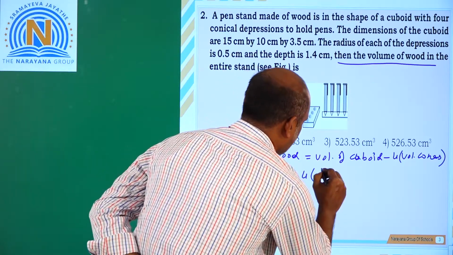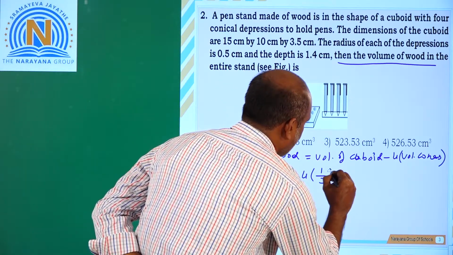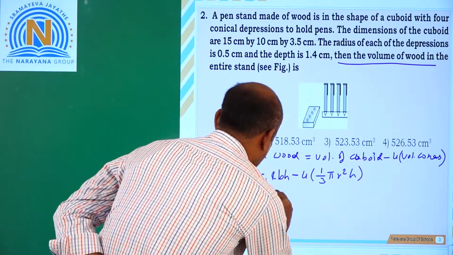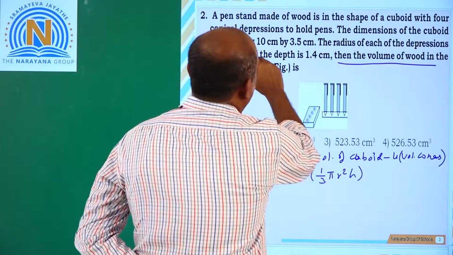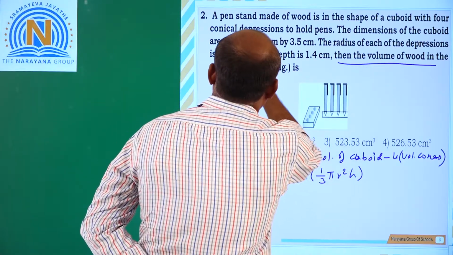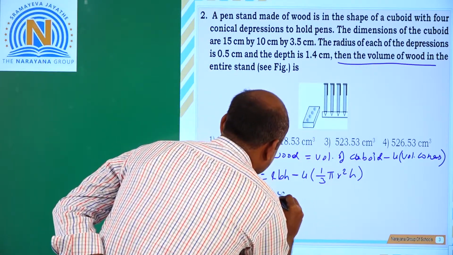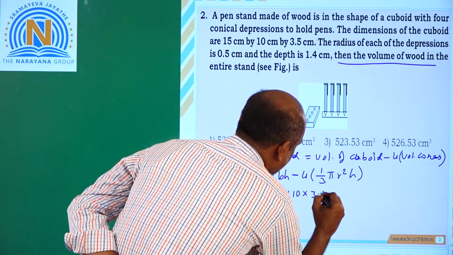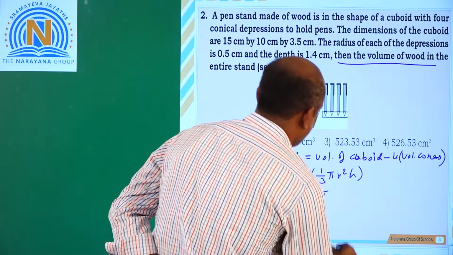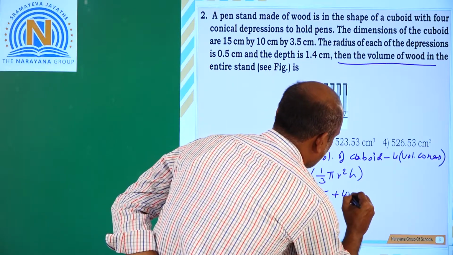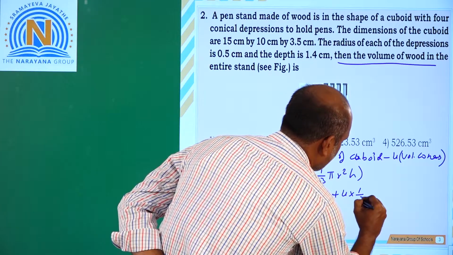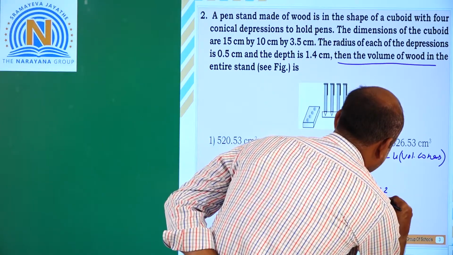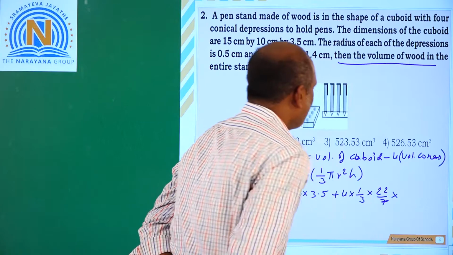The volume of the cone is 1/3 pi r square H. The length of the cuboid is 15, into 10, into 3.5, plus 4 into 1/3 into 22/7 into r.